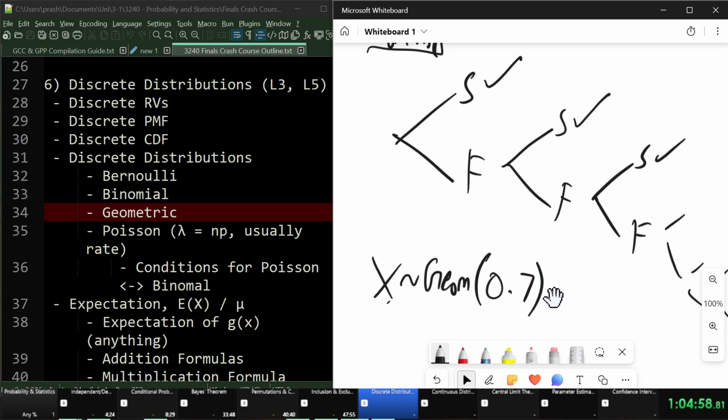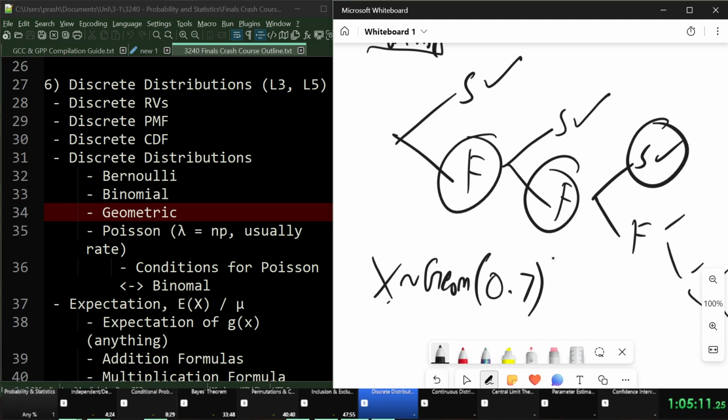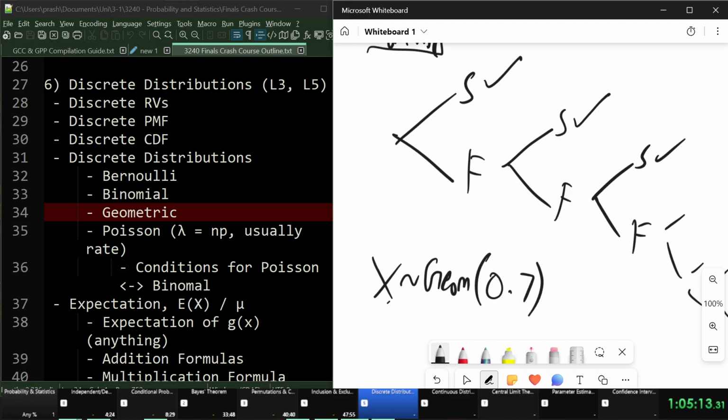You want to find the probability that on the third flip, we finally got a heads. So that means we failed at getting a heads the first time. We failed here, and we only succeeded the third time. So if I write out the probabilities on this diagram, we've got 0.7 here. We've got 0.3 down below.